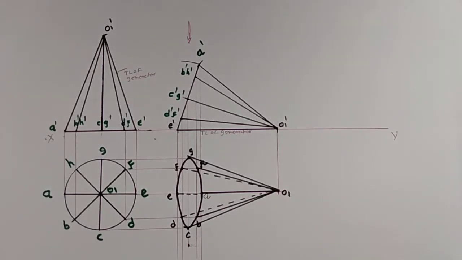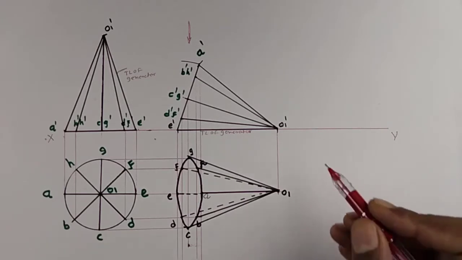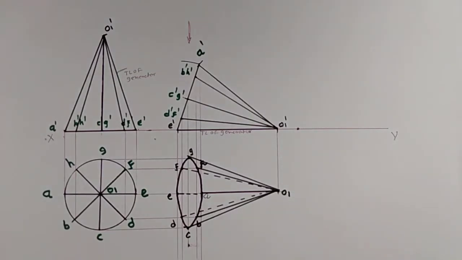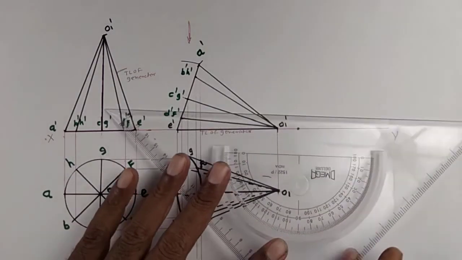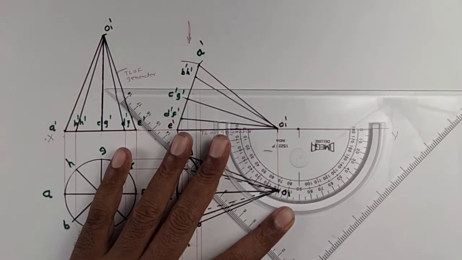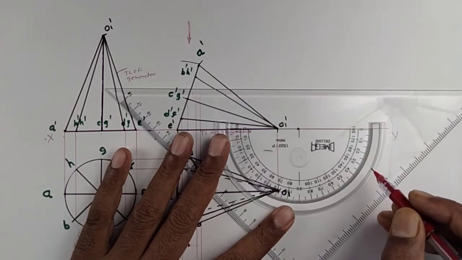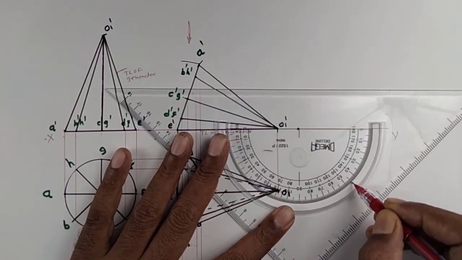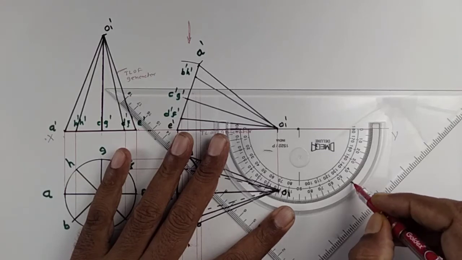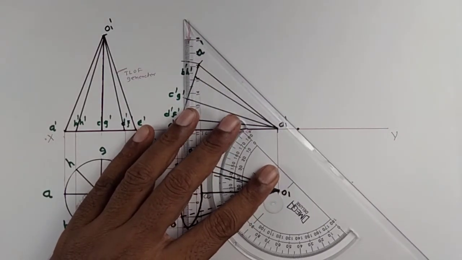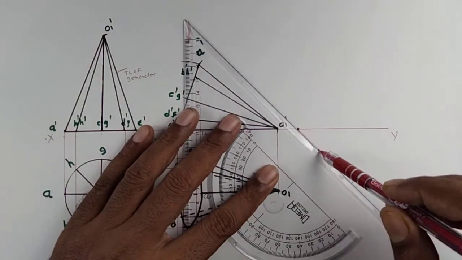So what I do? First I mark the reference point on the XY line. At this reference point, we draw the 45 degree inclination line. So we create the inclination line.